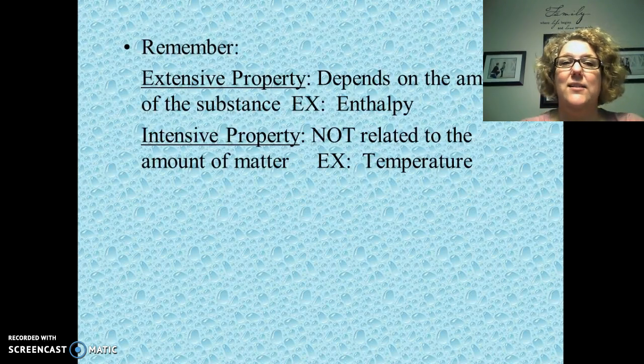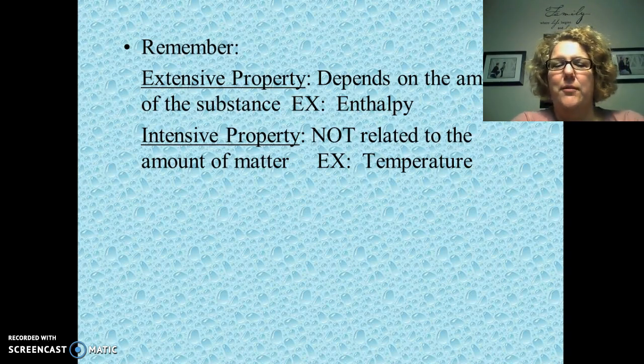All right. Going back to density. Would density be extensive or intensive? That's a tricky one for people. Density is mass divided by volume. Well, mass is extensive and volume is extensive. So would density be? No, because the extensiveness kind of cancels out.